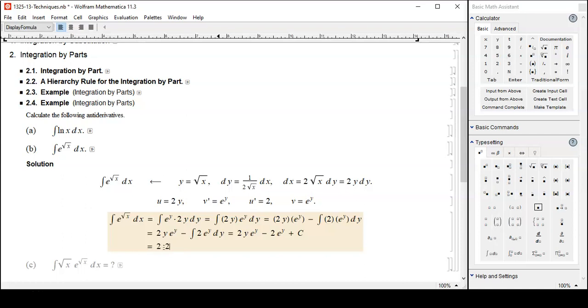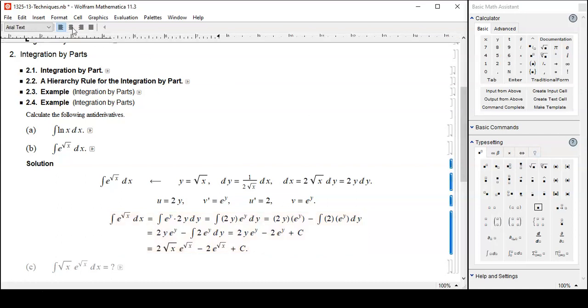So 2 square root of x times e to the square root of x power, minus 2 e to the square root of x power. Is that it? Looks like that's the solution.